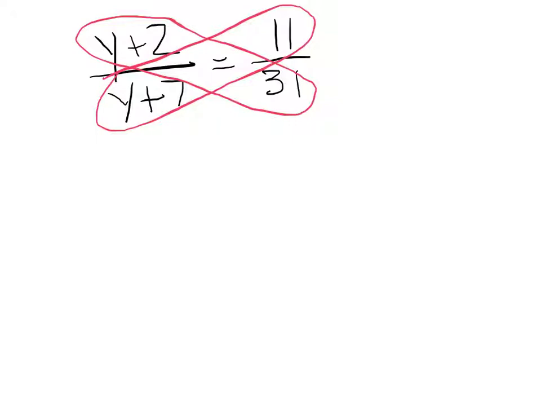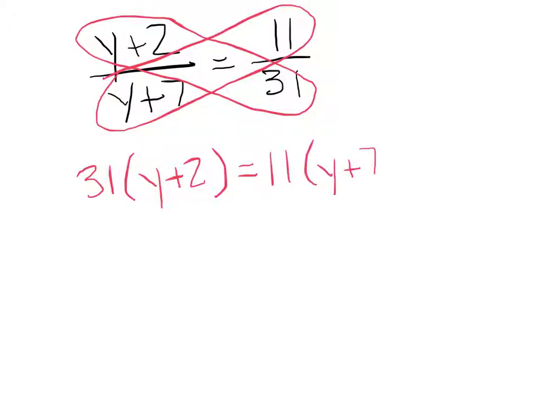Remember in the last problem where we used parentheses? We're going to need to use parentheses again. 31 times the quantity y plus 2 is 31 parentheses y plus 2. 11 times y plus 7 is 11 parentheses y plus 7. We needed to put those parentheses in there because you can see we have to distribute now.